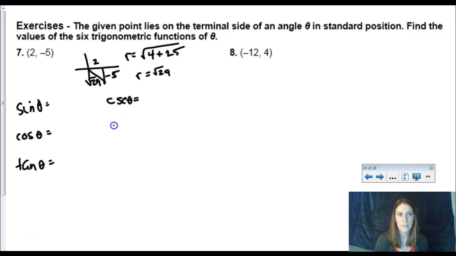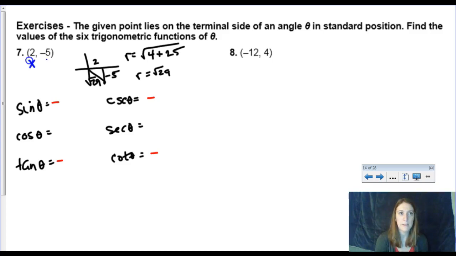Cosecant, secant. If you are the kind of kid who often messes up on signs, if you want, you can put negative signs in front of the 4 trig functions that are negative here. Alright, so sine is y over r.